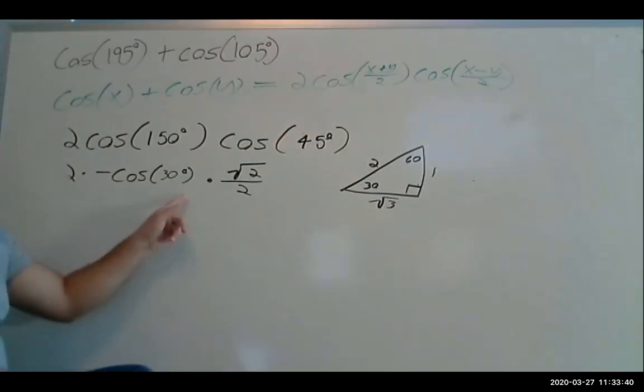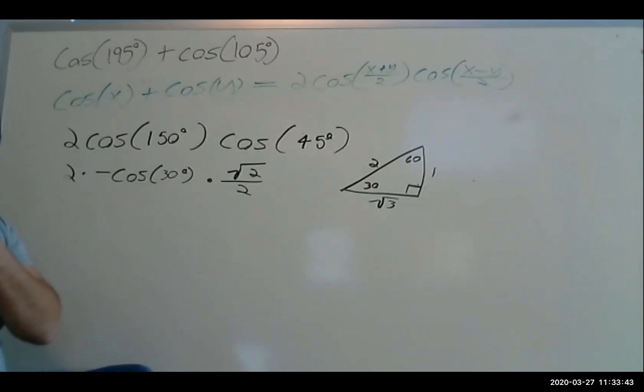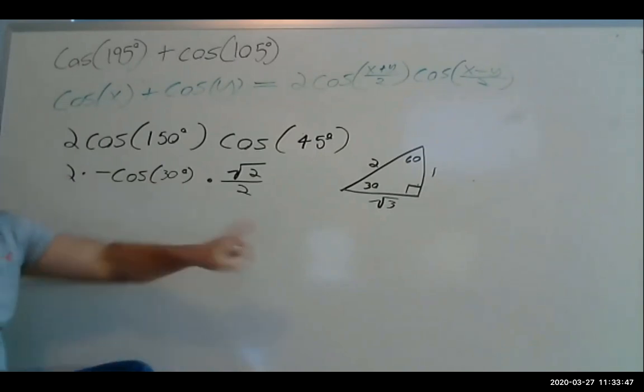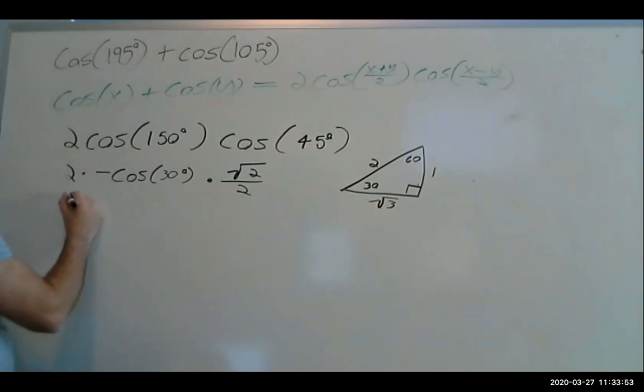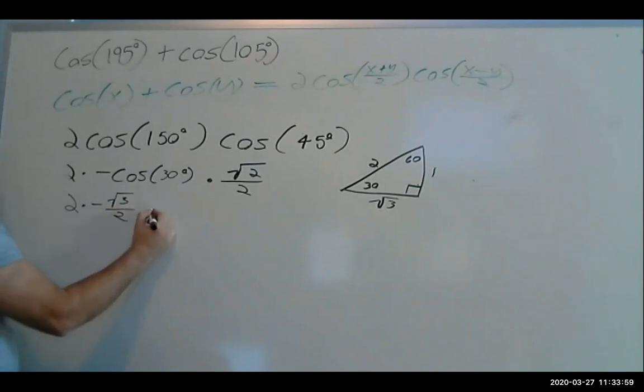So what is cosine of 30? √3/2. So we get 2 times negative square root 3 over 2 times square root 2 over 2.